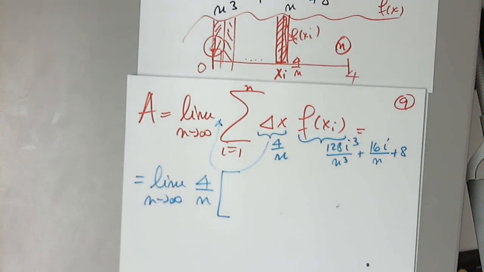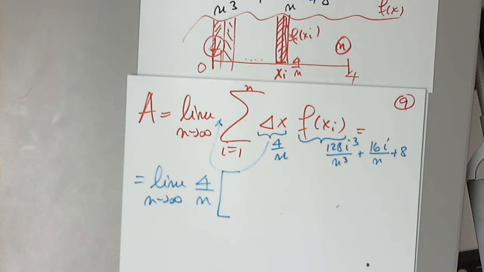So I took 4 over n outside because it's a constant. As you remember that 12, right, 12 times whatever, 12 times whatever, so we took 12 outside. That's the 12 from the previous example with the velocity. So now I have the sum that I need to apply to 3 terms.